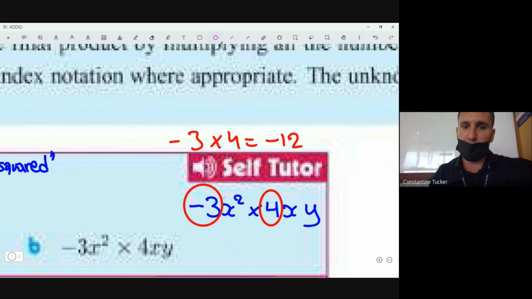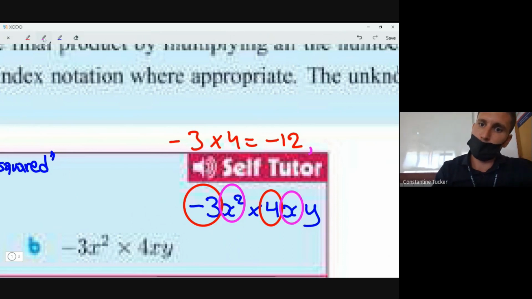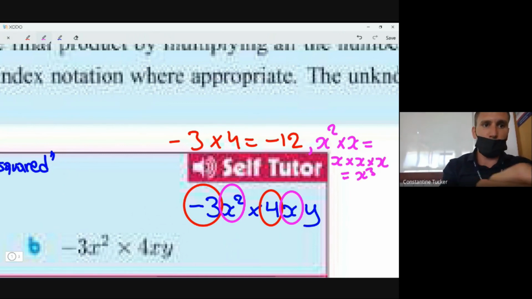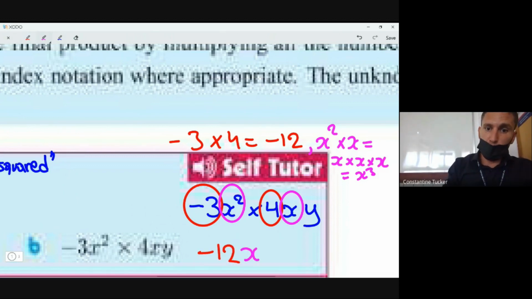What would be x squared times x? Exactly, x cubed. Both are correct. So this is basically x, which we can rewrite as x cubed. So minus 12 times x cubed, and then simply y.